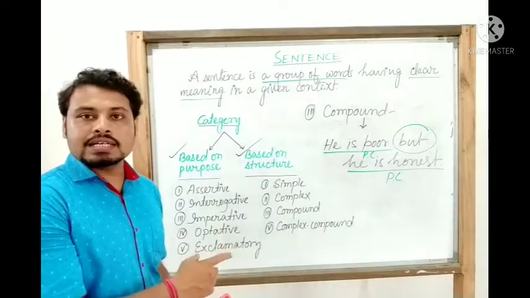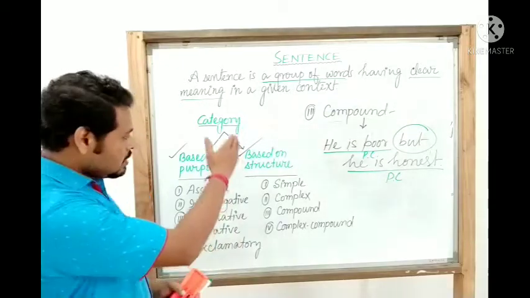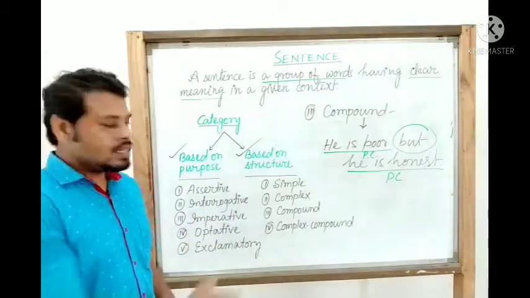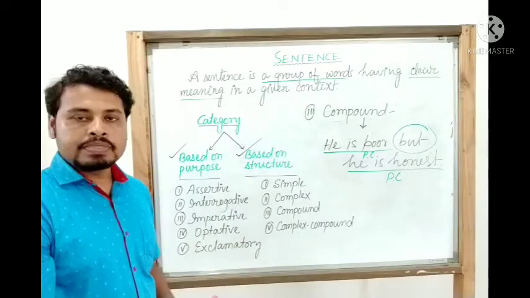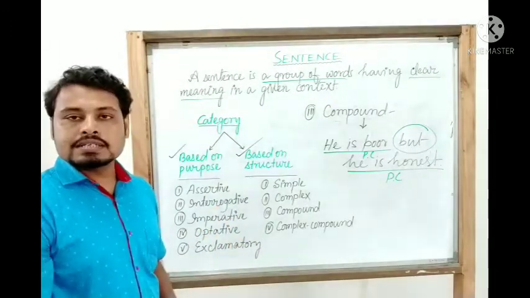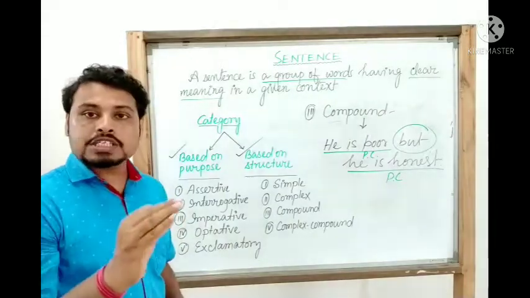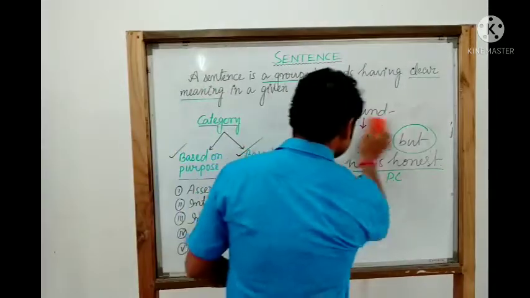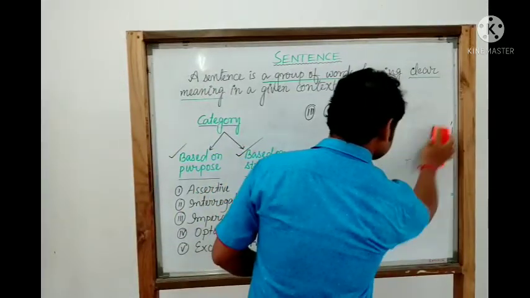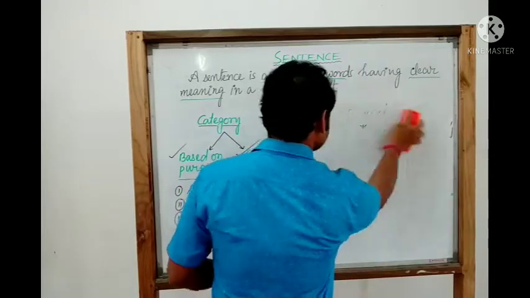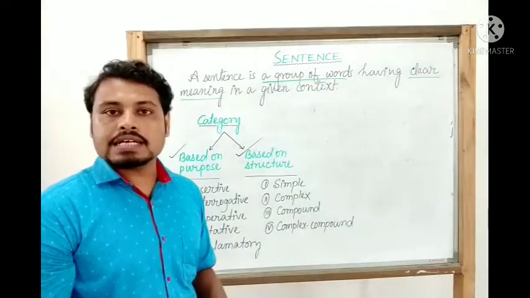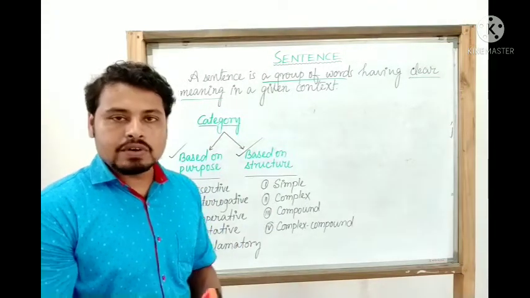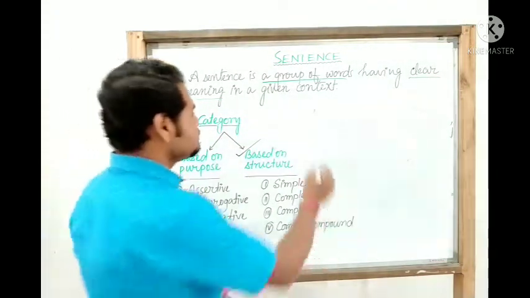The fourth type in the second set of sentences that we have, that is, based on structure, and the last one in that category, is complex compound. This complex compound may be something new to some of you, so let us explore it.